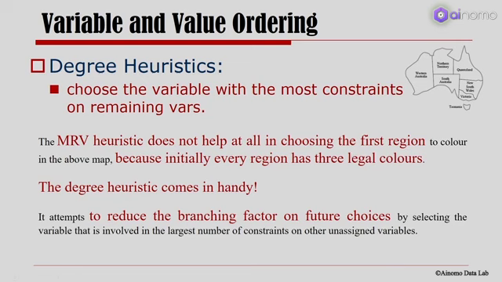Now this is where the degree heuristic comes in handy. The degree heuristic lets us choose a variable with the most constraints on remaining variables, and it attempts to reduce the branching factor by choosing the variable that is involved in the largest number of constraints on other unassigned variables.